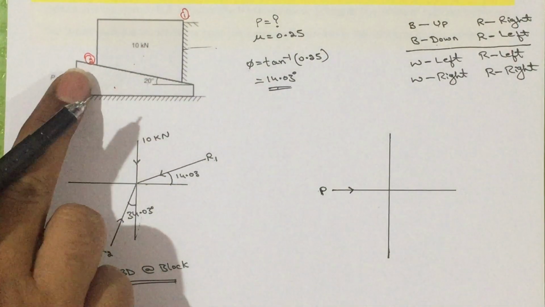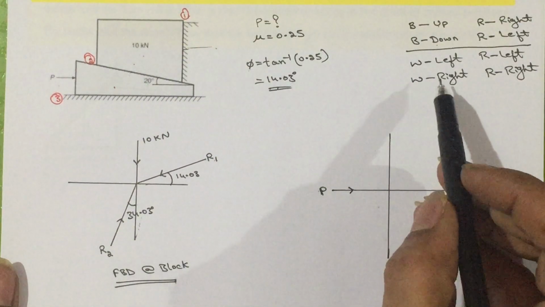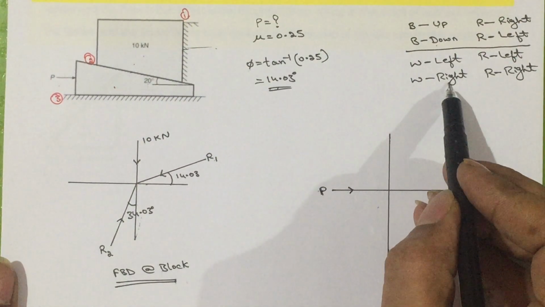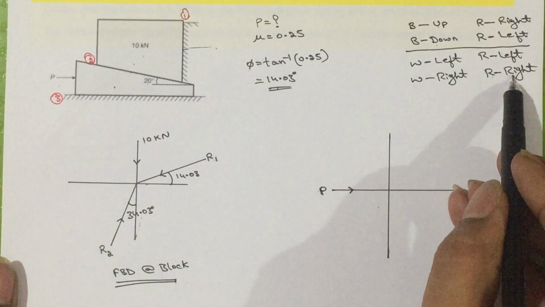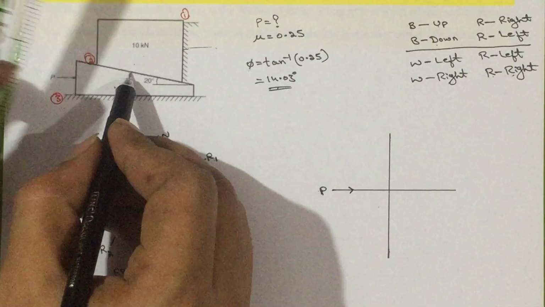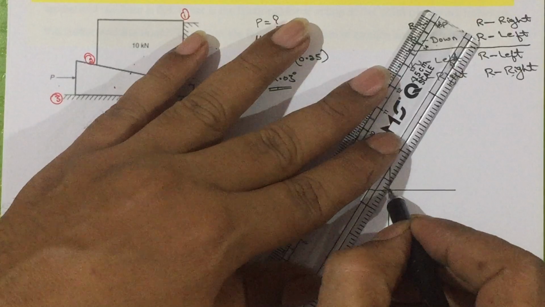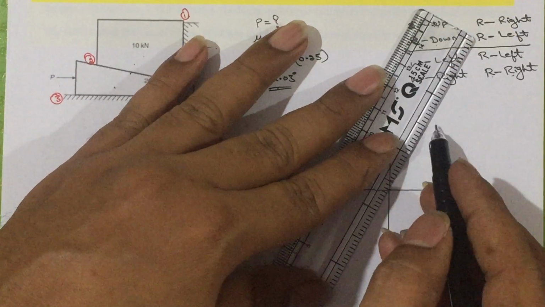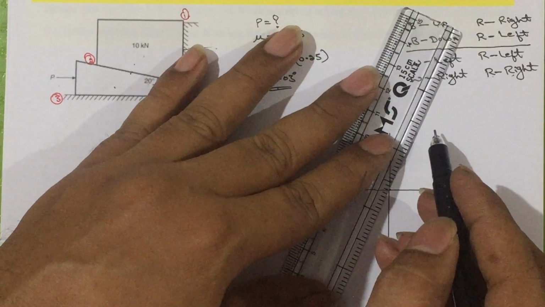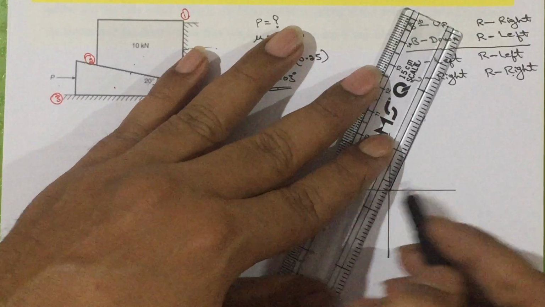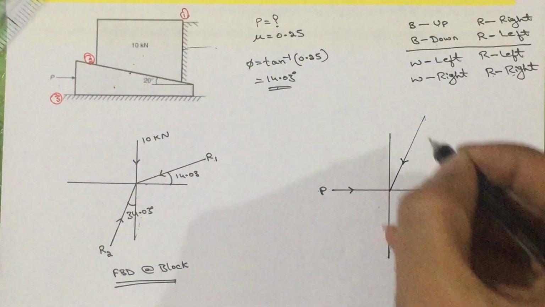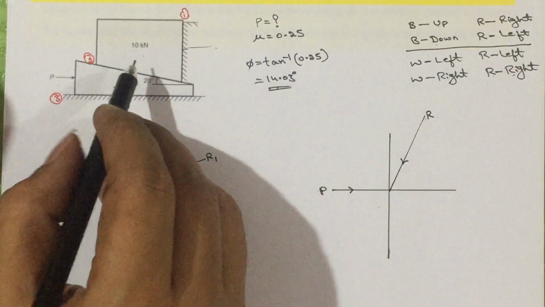Now this wedge is moving rightward. If the wedge is moving rightward, then you are going to get the reaction in the rightward direction at this contact surface, like this. Okay, this is the reaction at which contact surface?